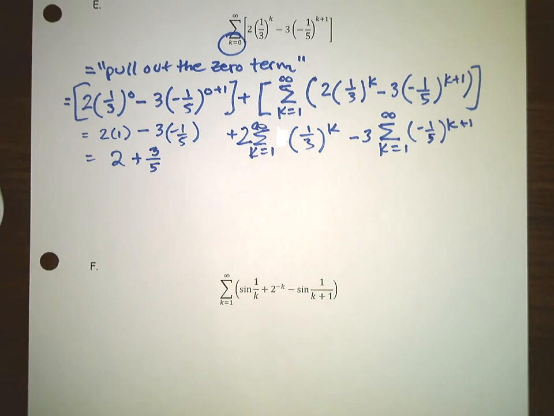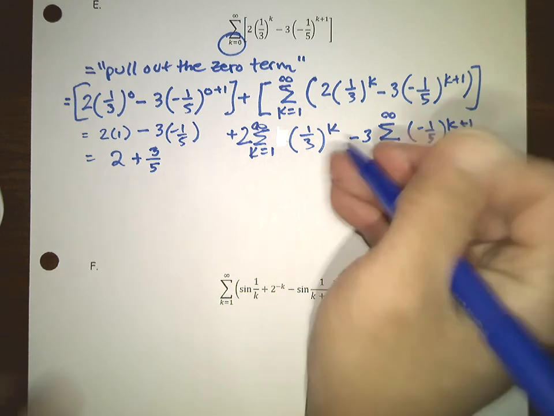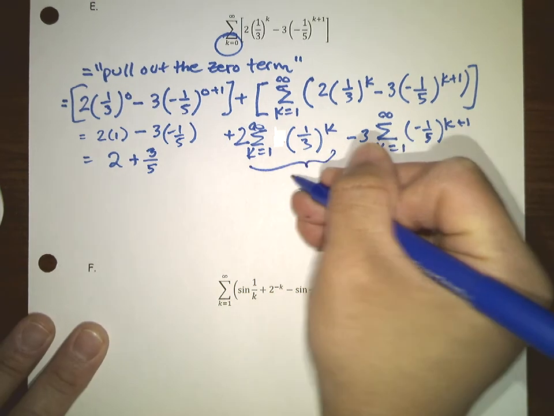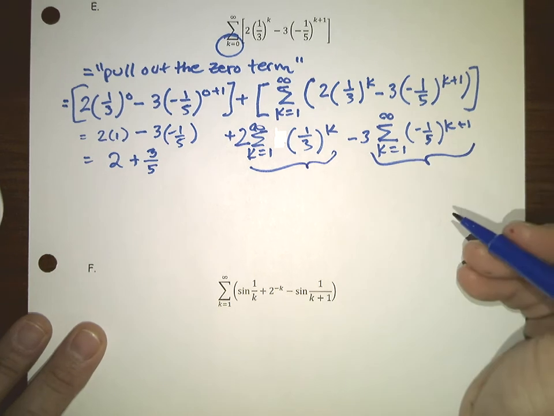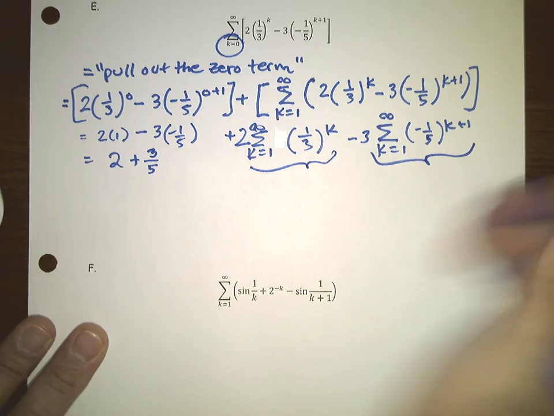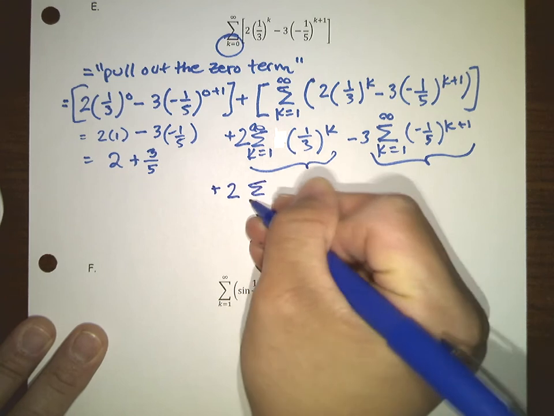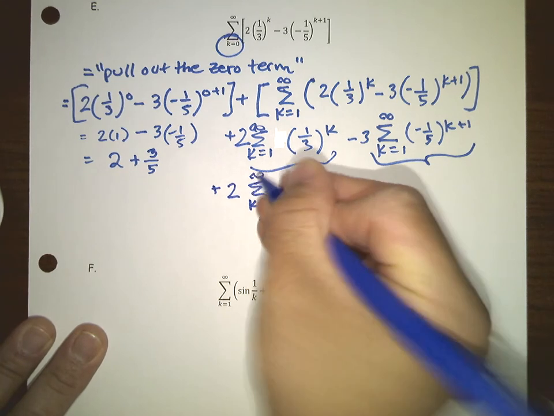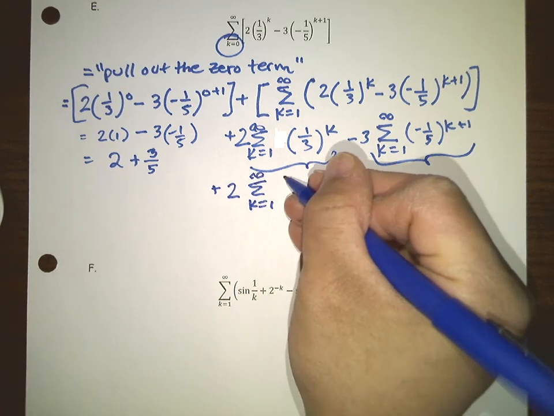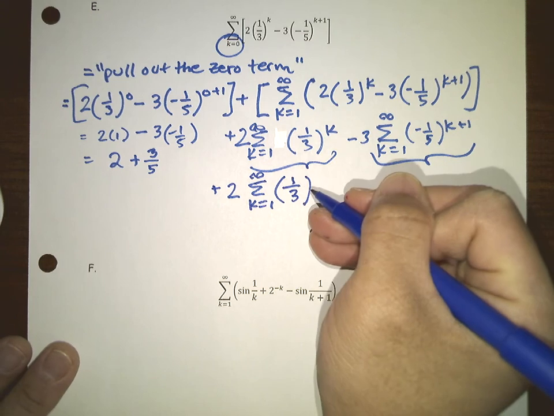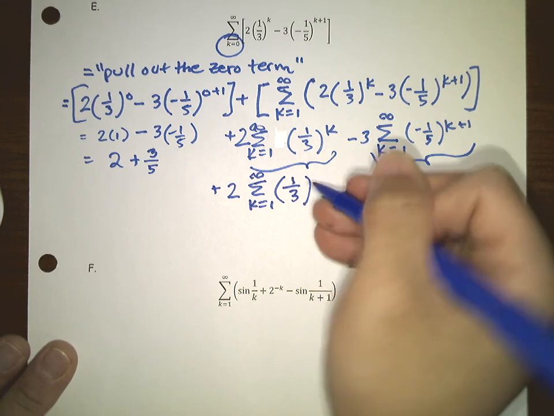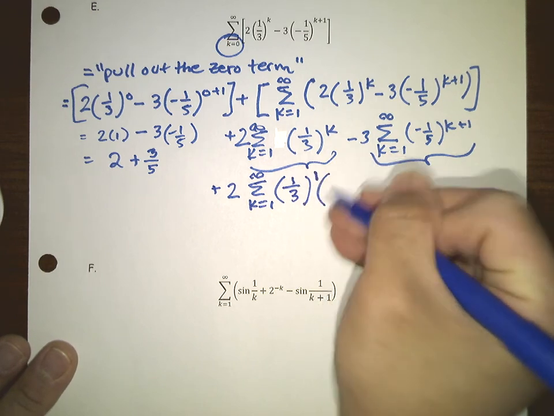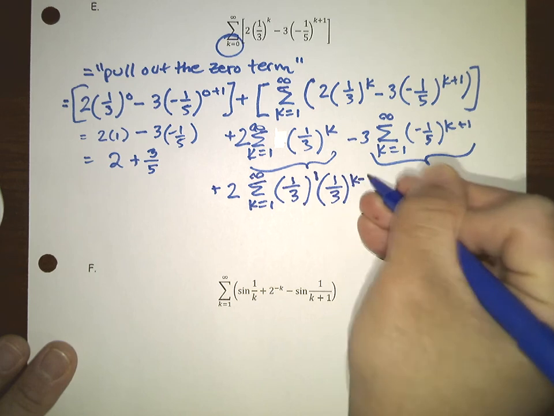All right, so now I am going to use the same sort of tricks that I used before to rewrite this as a geometric series and rewrite this as a geometric series. So I can rewrite this as 2 sum k equals 1 to infinity of 1/3 to the first power times 1/3 to the k minus 1 power.